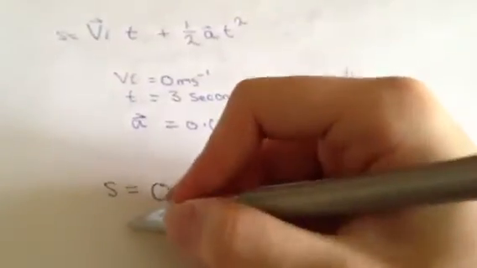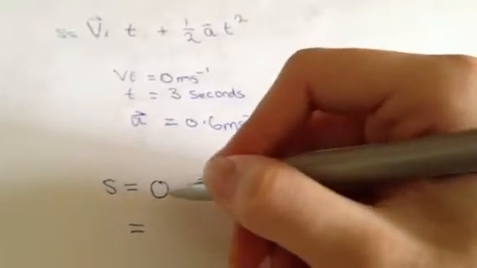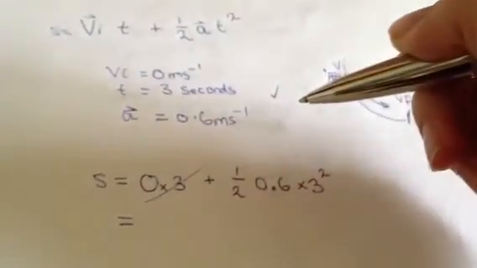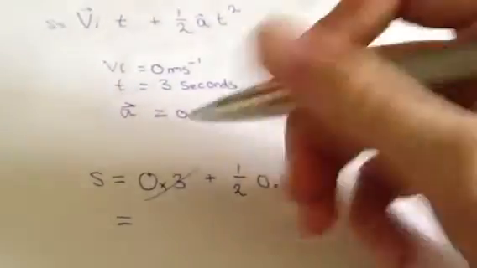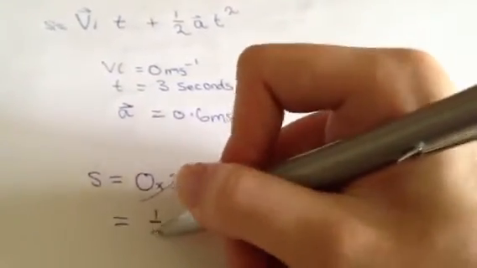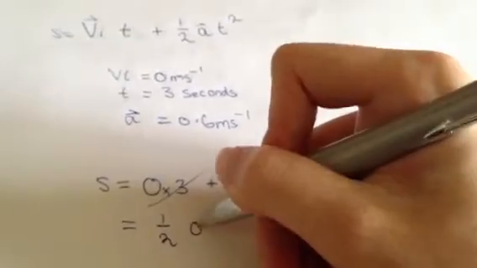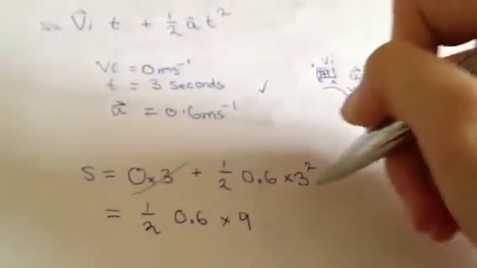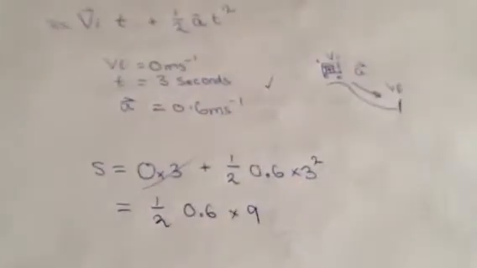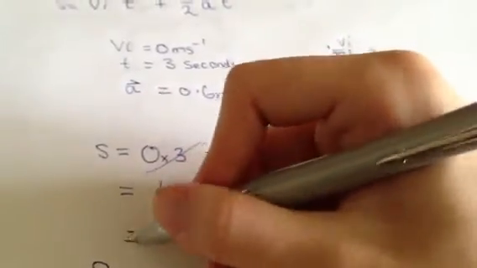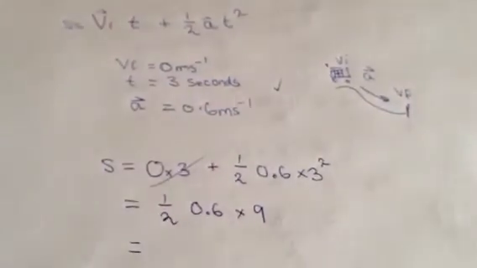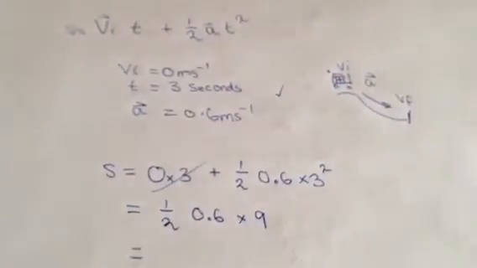Now that we've got that, we're able to simplify because 3 times 0 is 0, so we're just going to immediately forget about the original part, and go into this. So our distance is essentially half of 0.6 times 9. Again, what I've just done is gone 3 squared equals 9, so we're able to get that. And then you just calculate what that means, and you should be able to reach an answer.